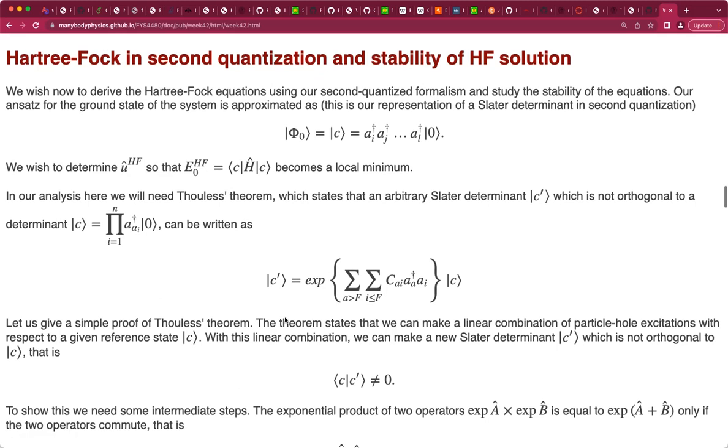But the basic idea is that you can write a general Slater determinant in terms of the so-called ansatz for your vacuum state, which in this case, the C could now be your Hartree-Fock vacuum state. But it could be any Slater determinant. And this is now written out in terms of a sum over all the one particle, one hole excitations.